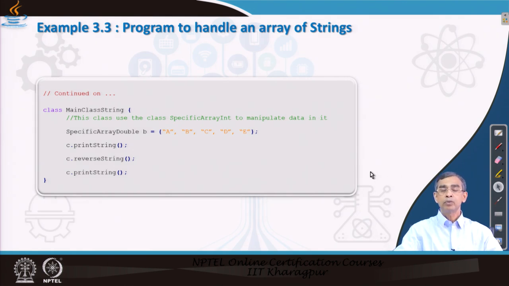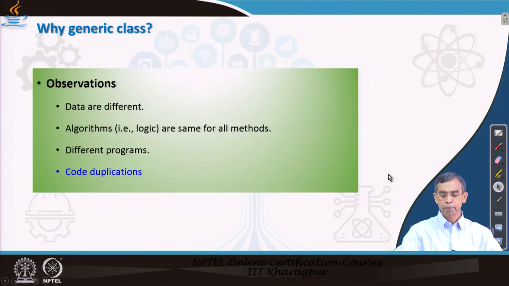Now, we could do the same thing, but instead of writing 3 different versions of the program for 3 different types, using a generic class declaration. So, how can this be done? Here is an example of how it can be.